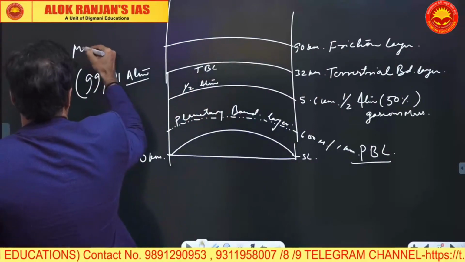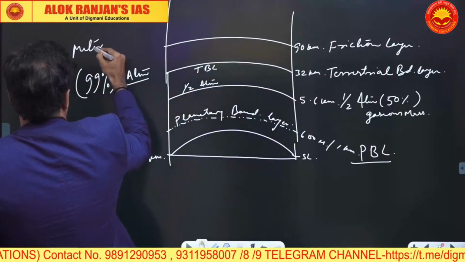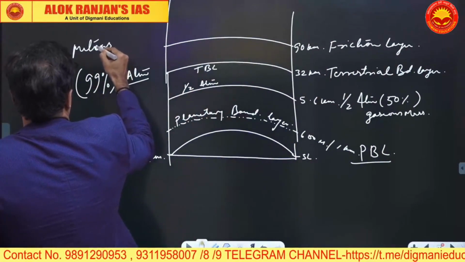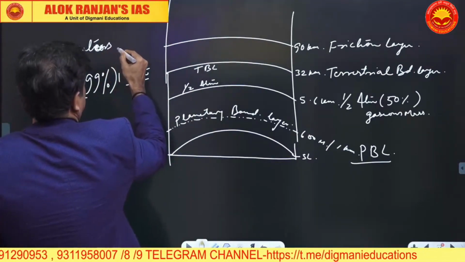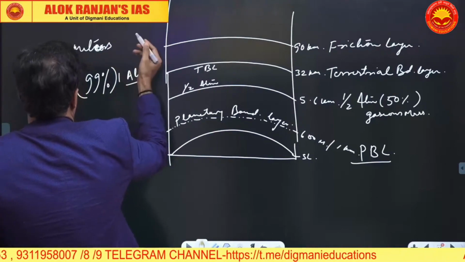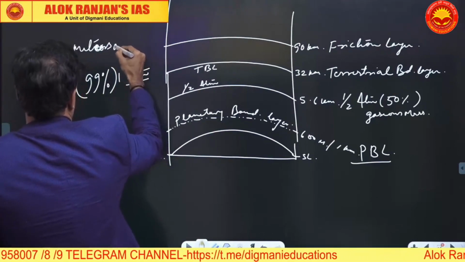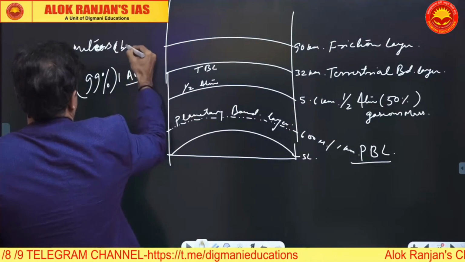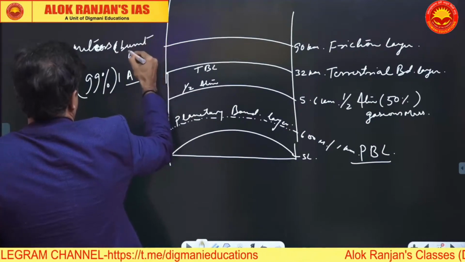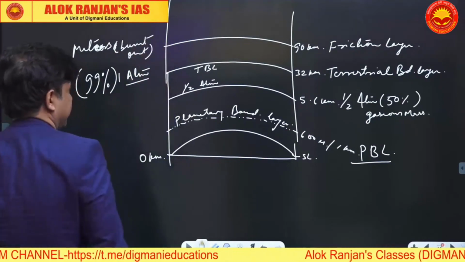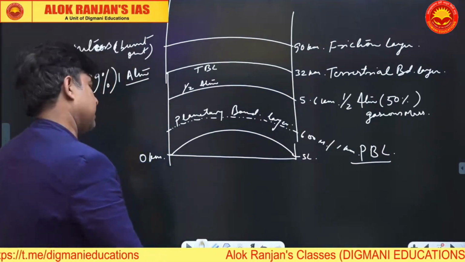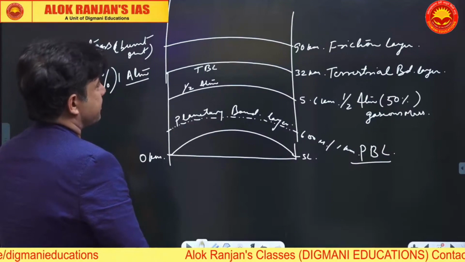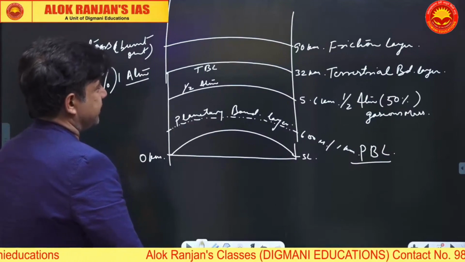Because all the meteors catch fire or are burned out along this layer. This is called the friction layer. This is at 90 kilometers.